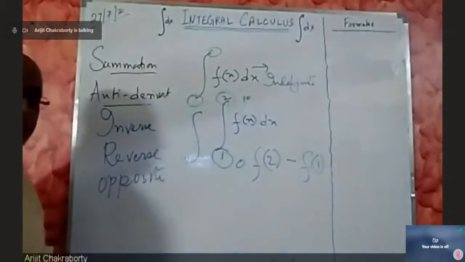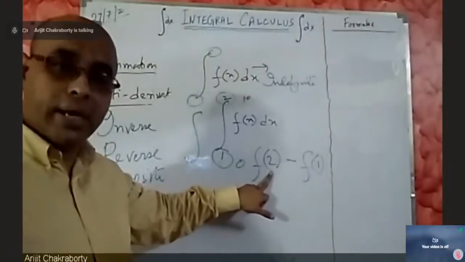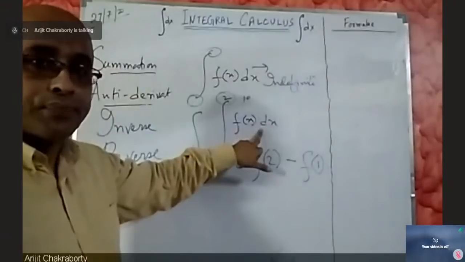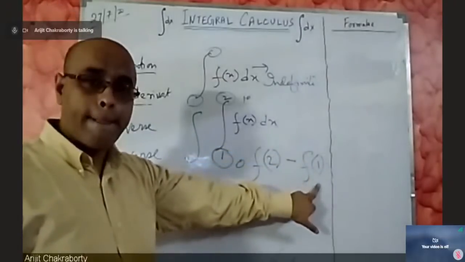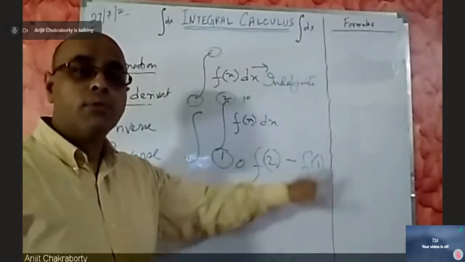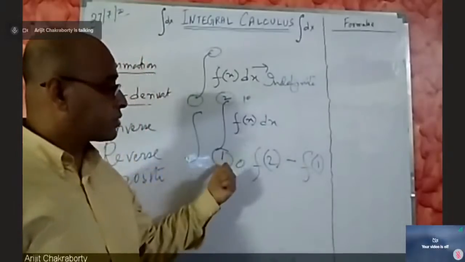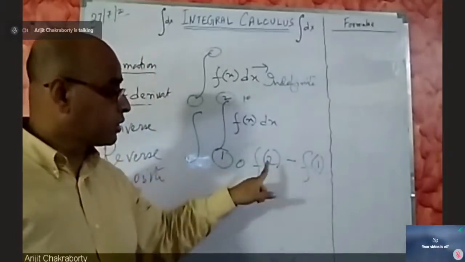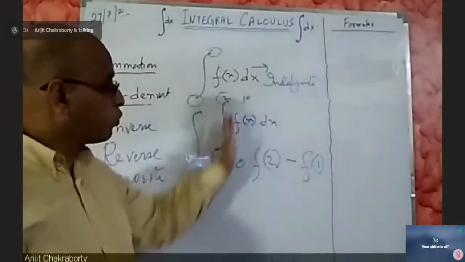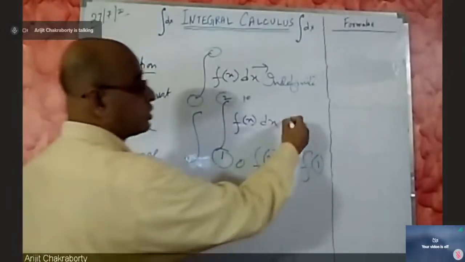That means we find the value of the function at x equal to 2 and at x equal to 1, and this difference, this way of depicting a particular integration, is called definite integration.